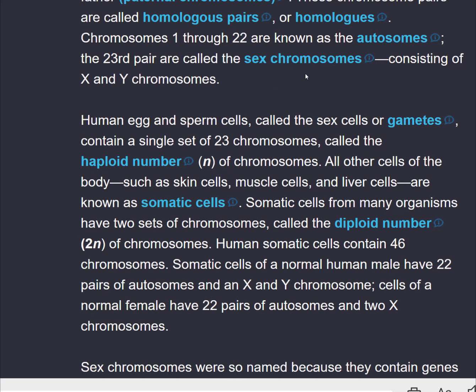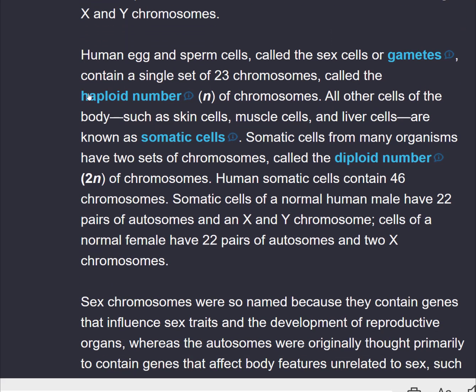They contain the majority of genes that determine an organism's sex. The X female and Y male chromosomes in humans. So again, the X sex chromosome is for female, and the Y sex chromosome codes for males.